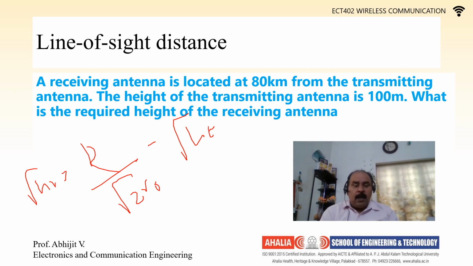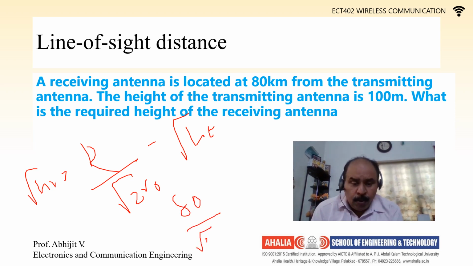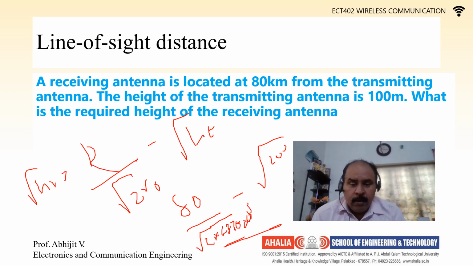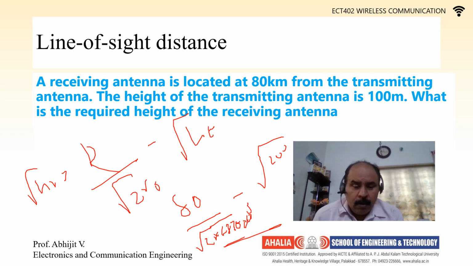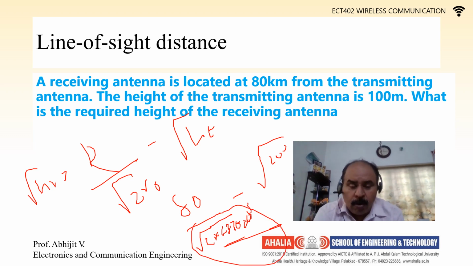So what is the value of R here? 80. 80 by root of 2 into 6370 into 10 raised to 3 minus root of 100. What is this value? Root of 2 into 6370.